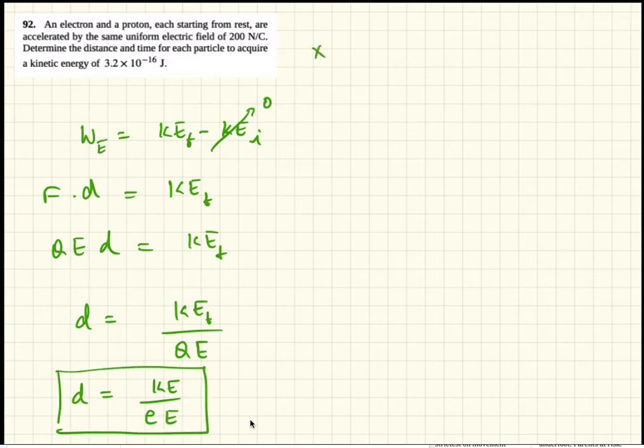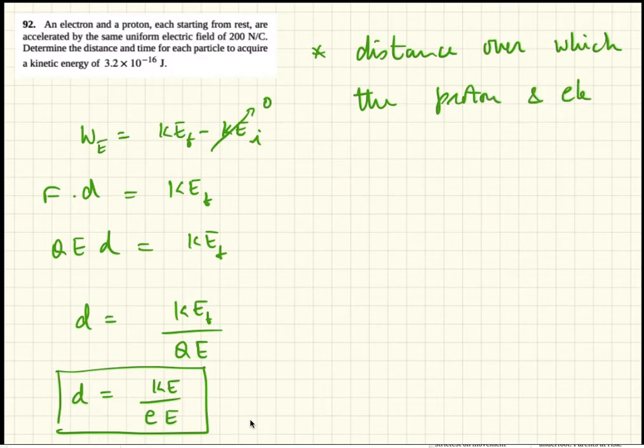So the distance over which the proton and electron gain the final kinetic energy is the same.